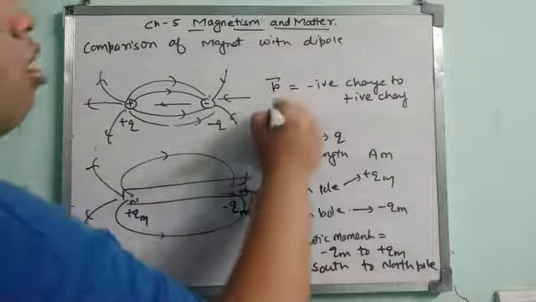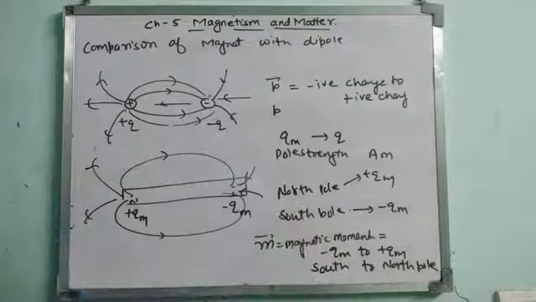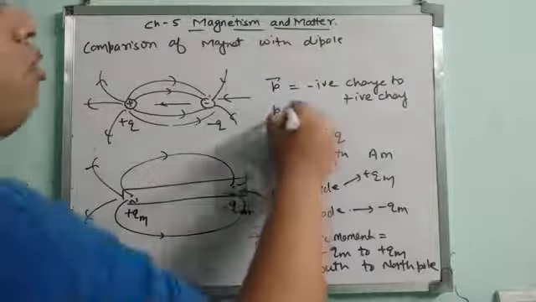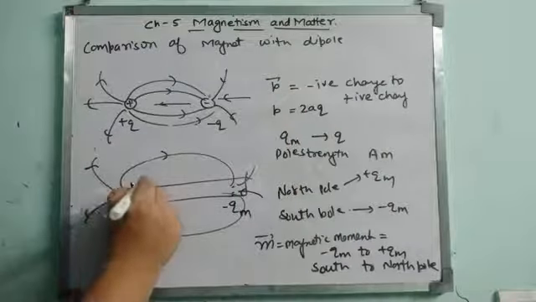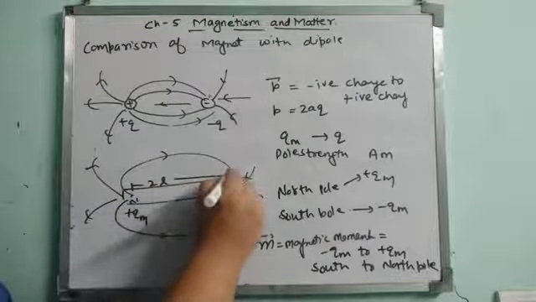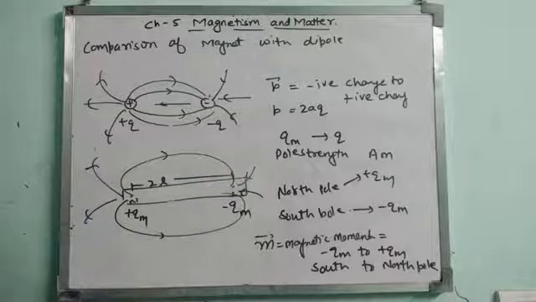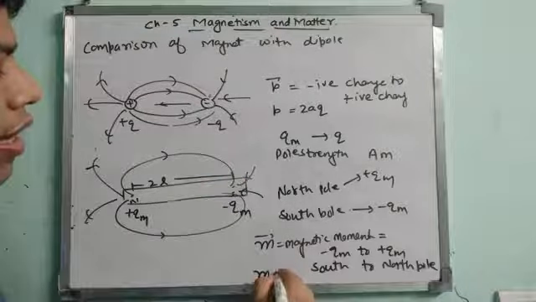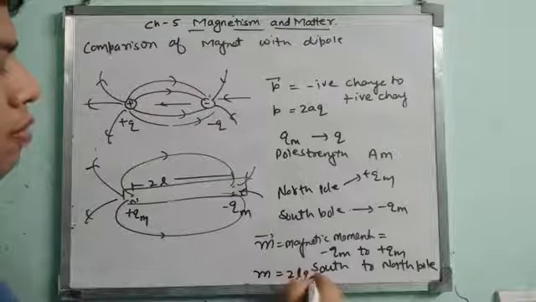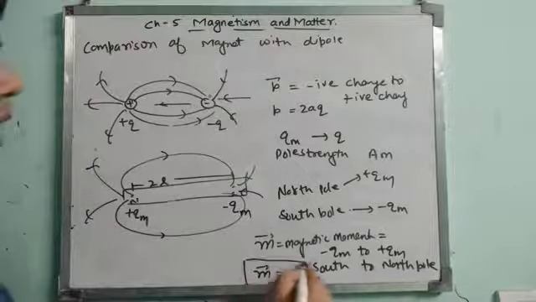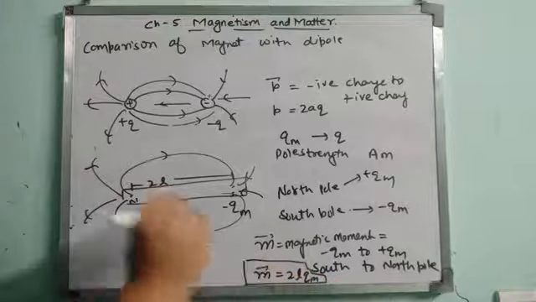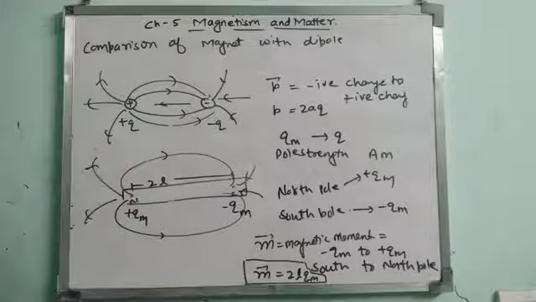What was the formula of P? P is equal to 2aq. Let's suppose the distance between the two poles is 2l here. So the magnetic moment is equal to 2l qm. This is the relation between magnetic moment and pole strength. It is exactly similar to the dipole.